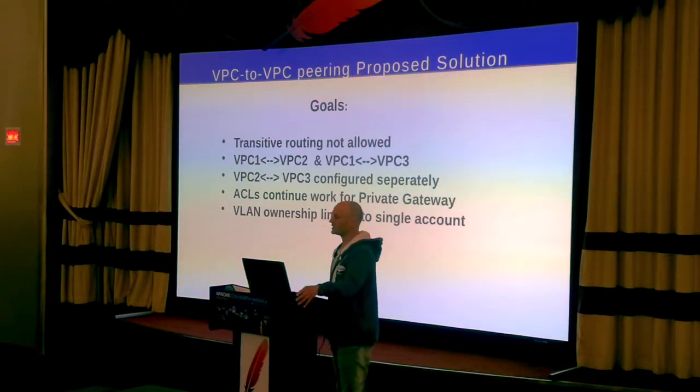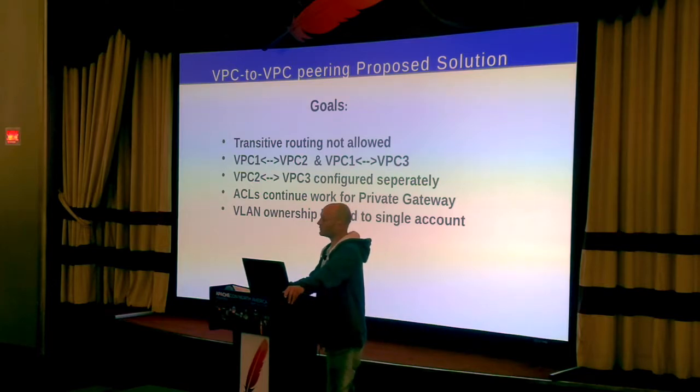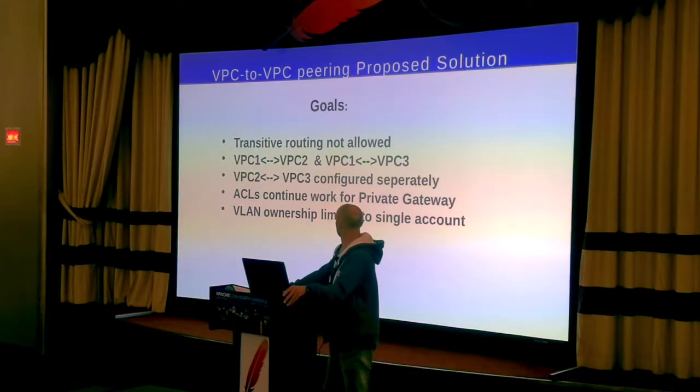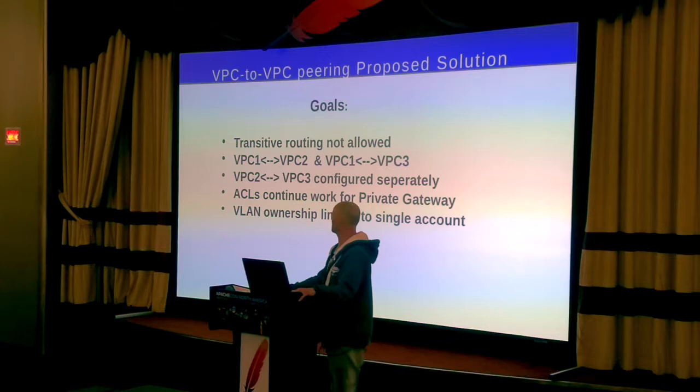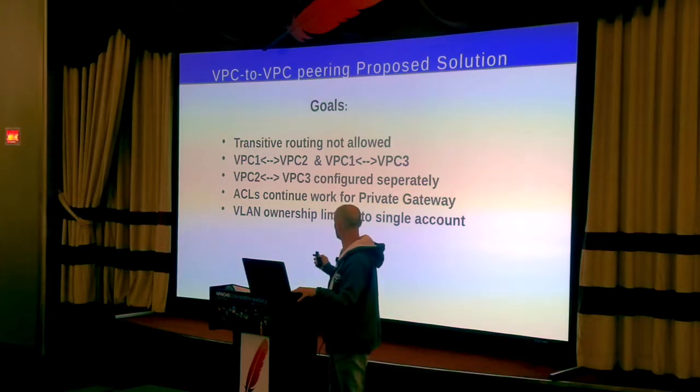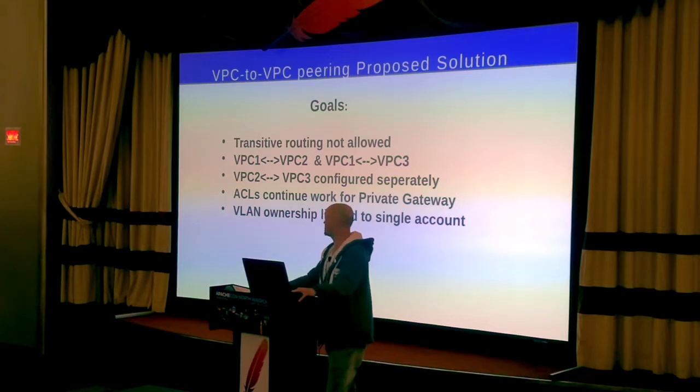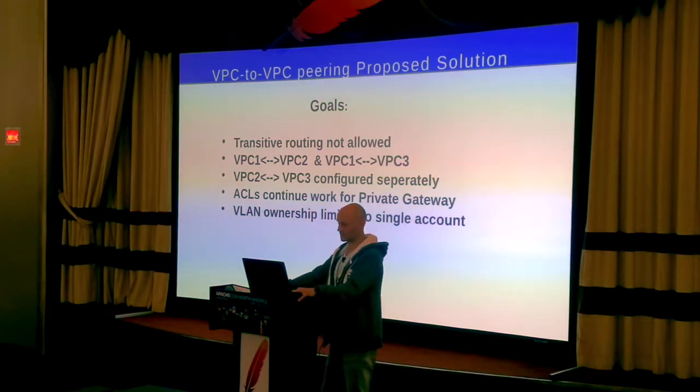Also, transitive routing between indirect VPCs will not be allowed. So if VPC 1 has a direct connection with VPC 2, and VPC 1 also has a direct connection with VPC 3, that means that VPC 2 and VPC 3 can't communicate with each other using VPC 1 as a middleman.